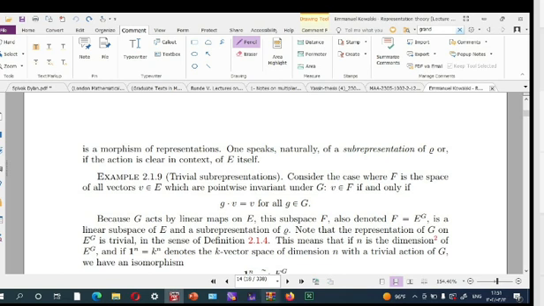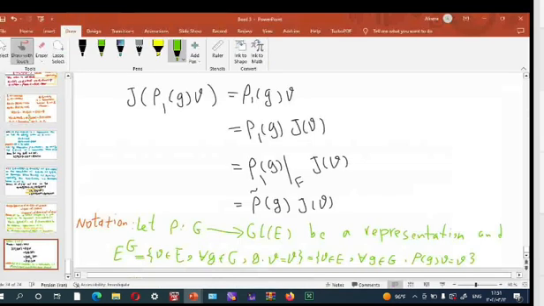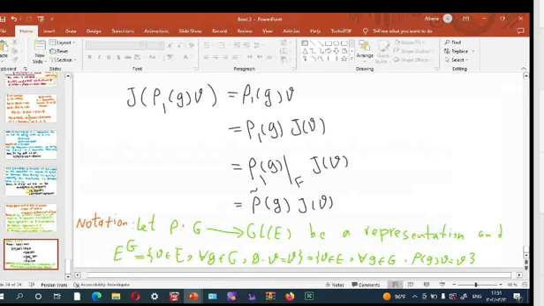Okay, and other statements are very easy. Let me add another page.